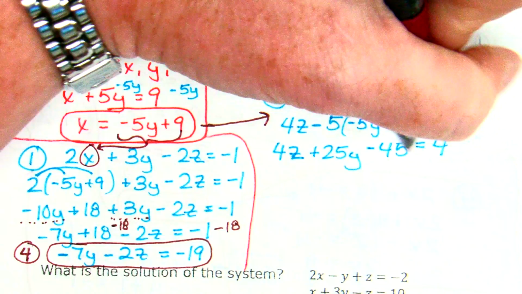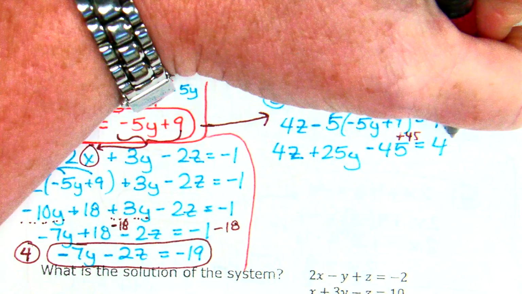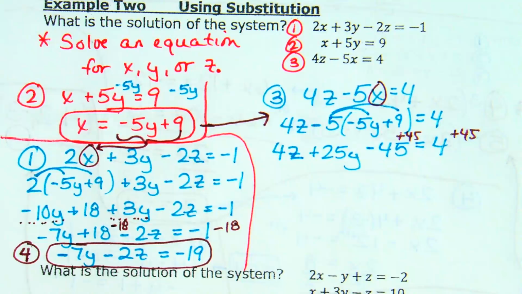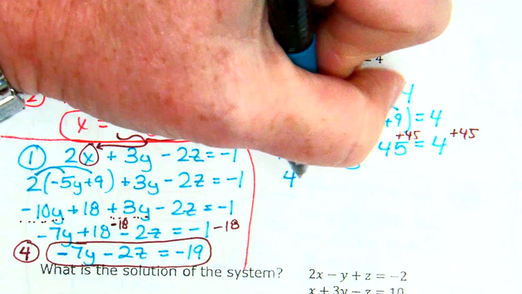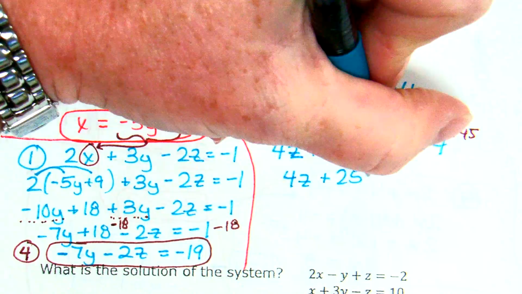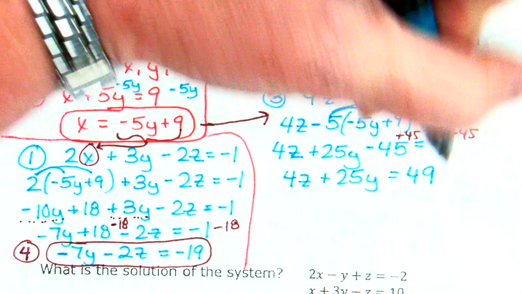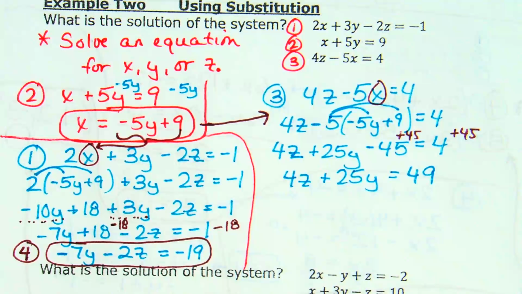To move my minus 45, I'm going to add 45. 4z plus 25y equals 49 when you add the 4 and 45. You can call this equation 5, or what do you notice is slightly different about equations 4 and 5?